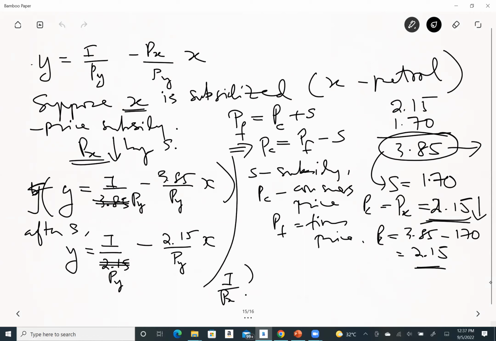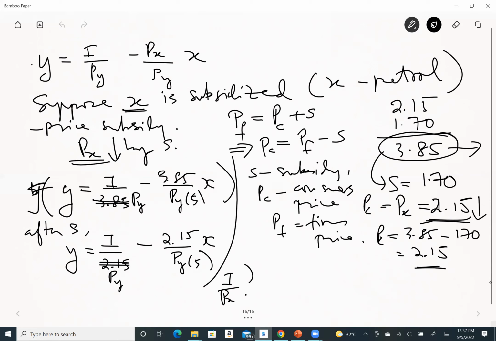Now, suppose PY, you imagine PY was 5, doesn't change. So now I have 3.85 over 5, 2.15 over 5. Or you just imagine the one that I put previously, 10 over 5, which is -2. Now it reduced to 5, so you get -5 over 5, which is -1.